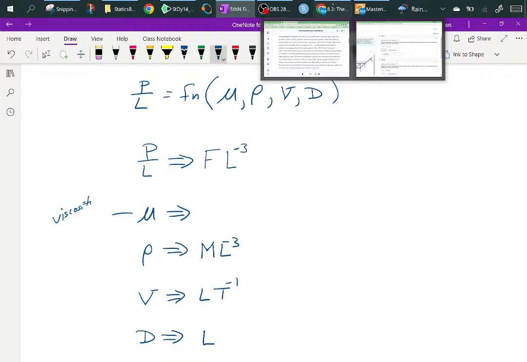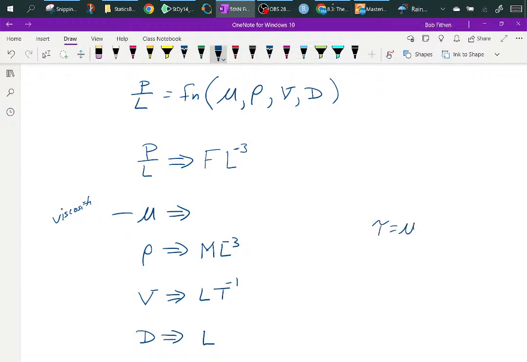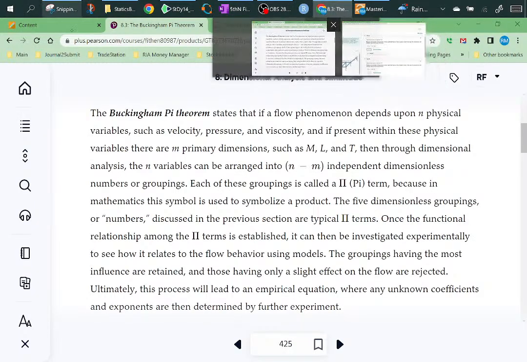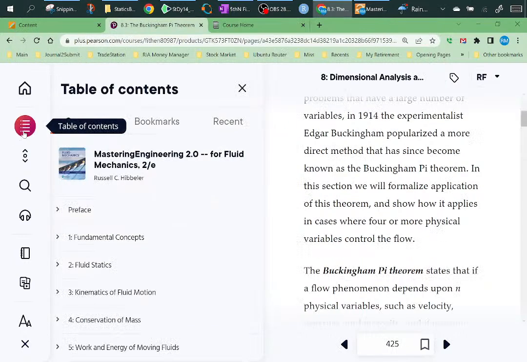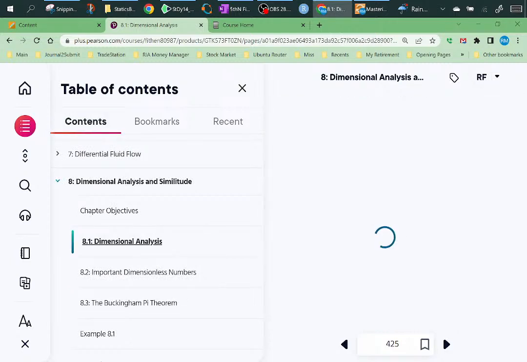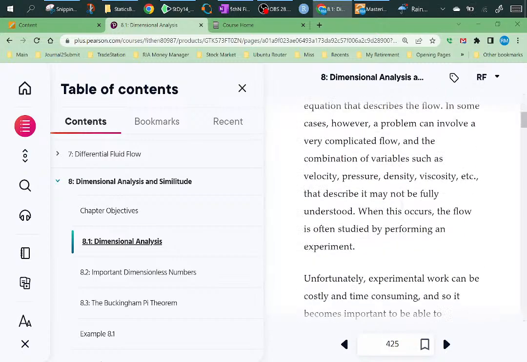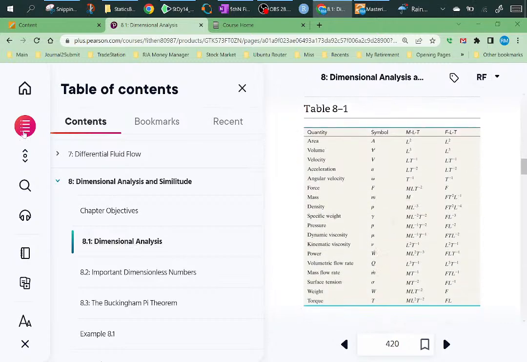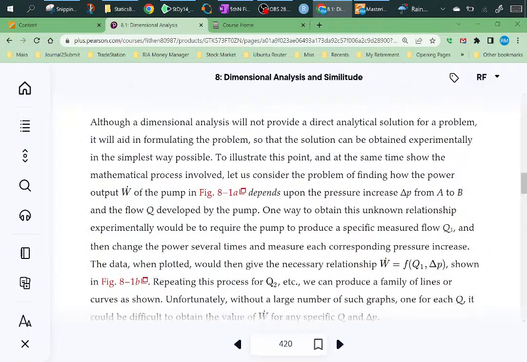Actually, I should be able to do that right off, because shear stress is equal to mu times the change of velocity. Well, I better make sure I'm doing it right. I don't want to mess up. So I'm going to go back to this table, which was the first one.